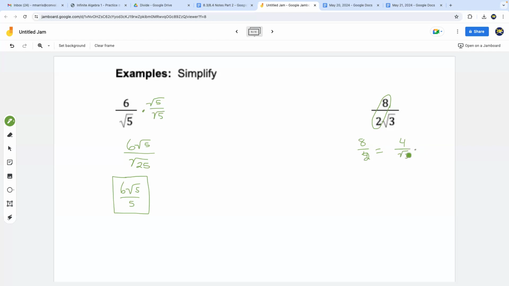And that means to get rid of that root 3, we're going to multiply by root 3 over root 3. Okay. So then we have 4 root 3 over the square root of 3 times the square root of 3, which is the square root of 9. And the square root of 9 is just 3. So we have 4 root 3 over 3.